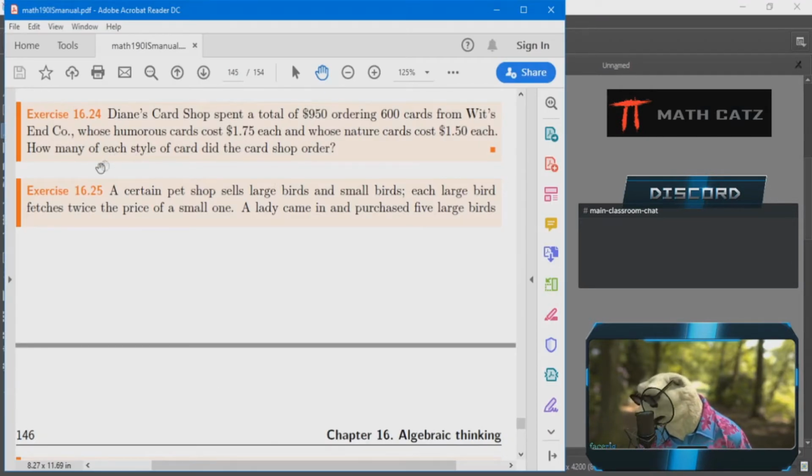These two numbers are not independent of each other, in the sense that if I have one, I'm going to have the other one. They're connected. And when I have that, I can get away with just one variable. Now, the other information that I haven't translated yet is the total dollar amount.